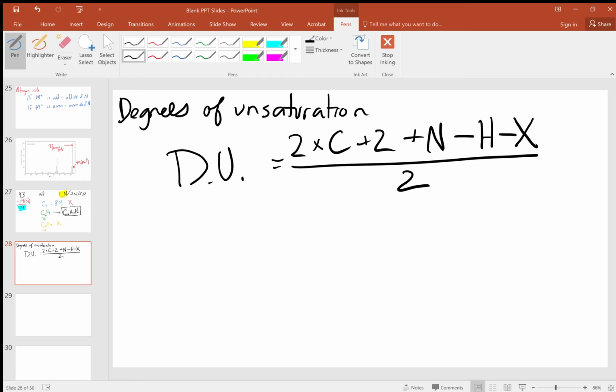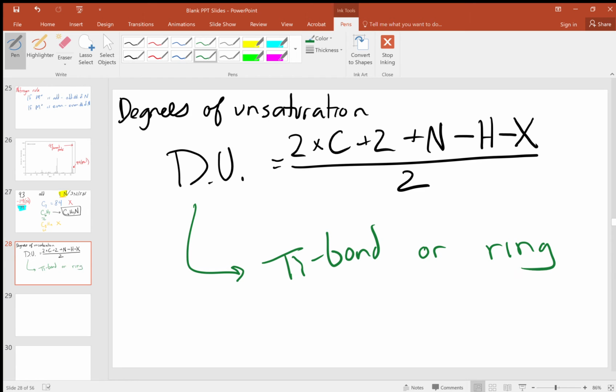Now, what is a degree of unsaturation? A degree of unsaturation is a pi bond or a ring. So if a molecule has 1 degree of unsaturation, that means that molecule has 1 pi bond or 1 ring.